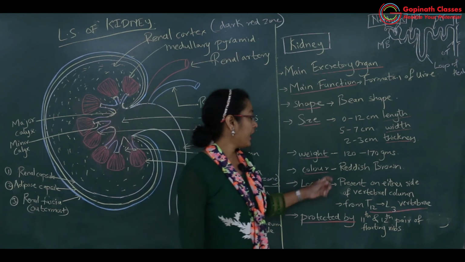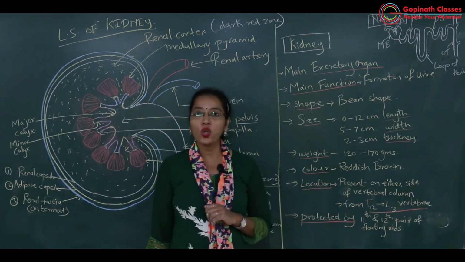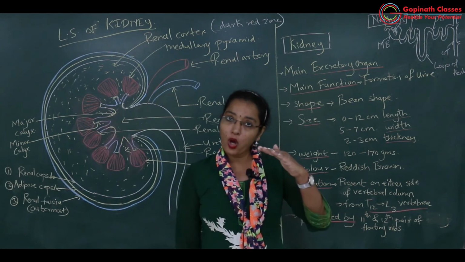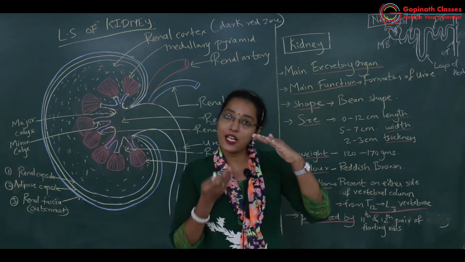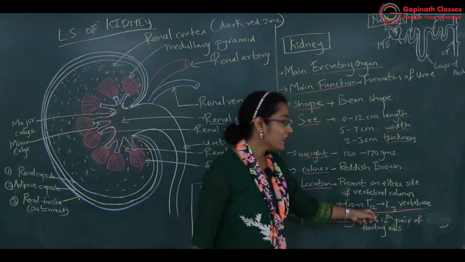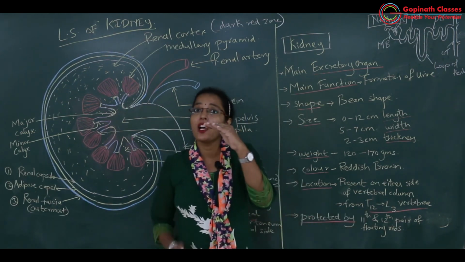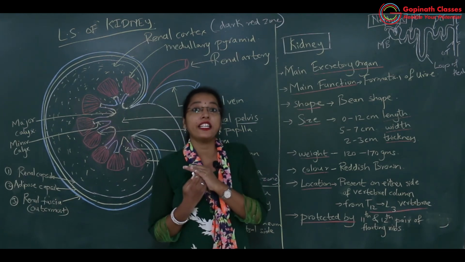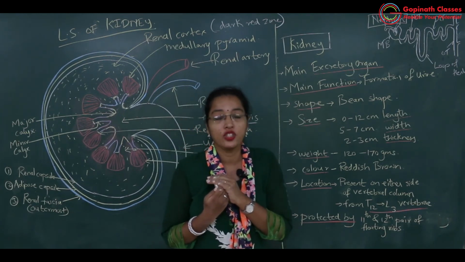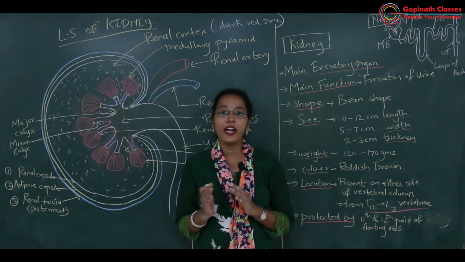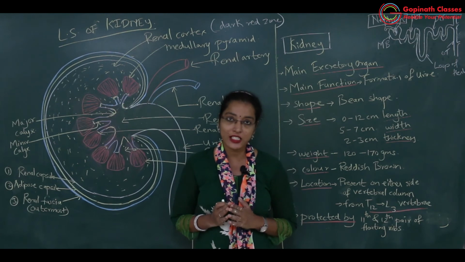Got it? Then location. What is the location of the kidney? Kidney is located from 12th thoracic vertebra till 3rd lumbar vertebra, and it is dorsally present, on the dorsal side. Right kidney and left kidney position I have already explained to you.